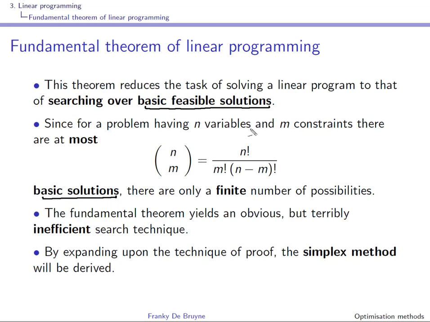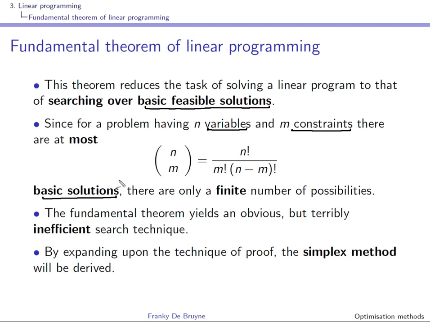Remember that we have n variables, m constraints, and for a basic solution we have m of the variables that are different from 0 and n minus m that are equal to 0.